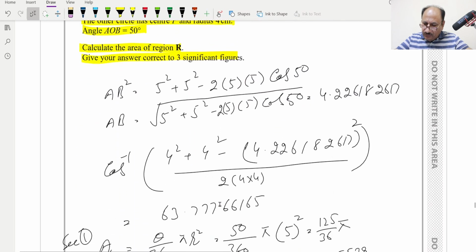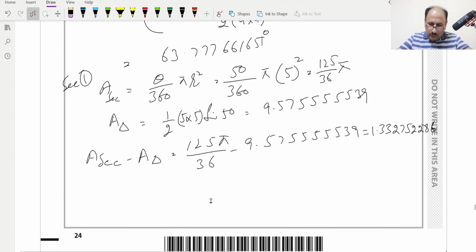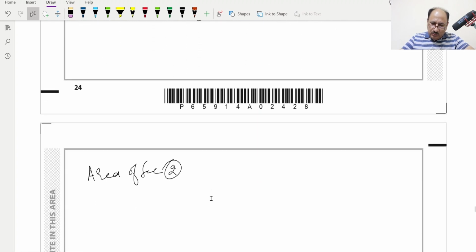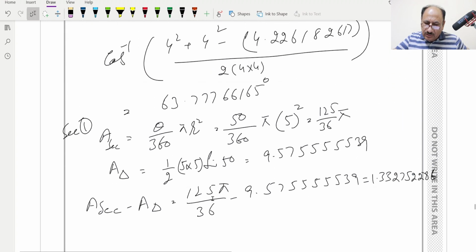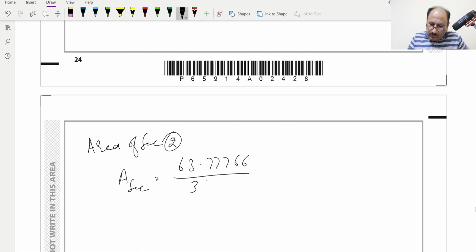We already calculated the angle of the sector, 63.77766, so theta over 360. So area of sector is equal to theta over 360 into pi r squared, so pi into 4 squared.